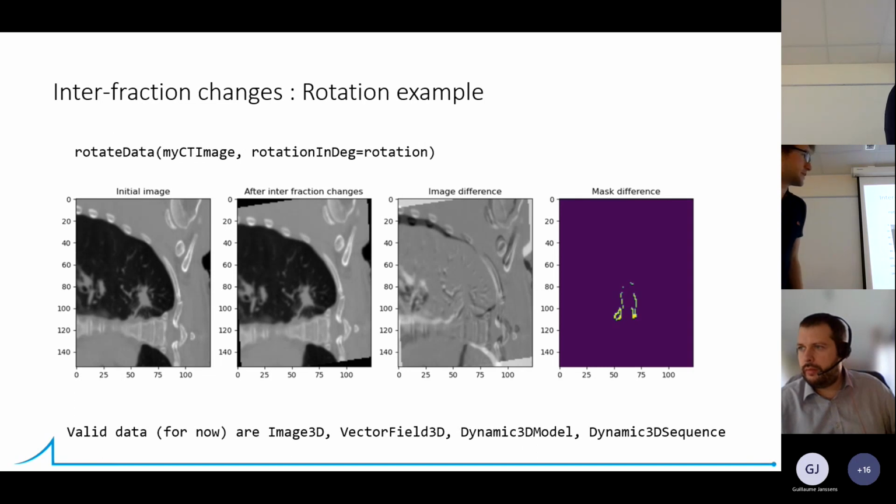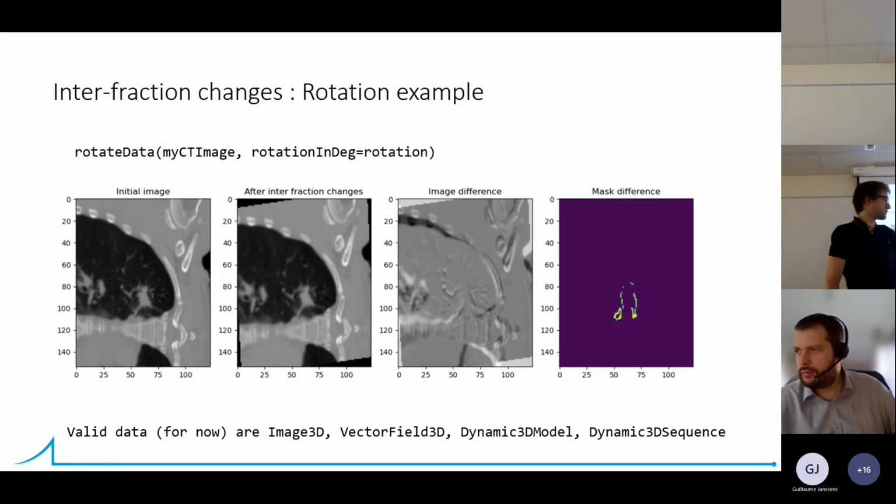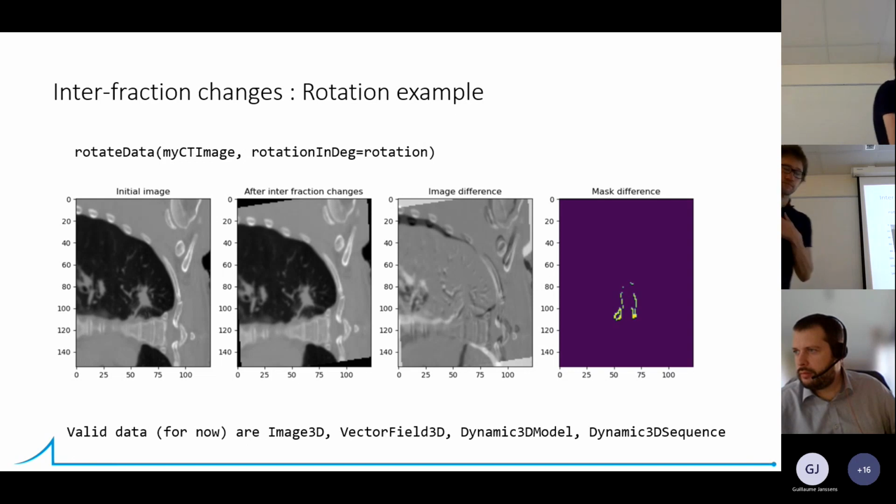And then classical rotations and translations. So here is an example of what we can do to rotate the data. This function can rotate a 3D image, a vector field, a dynamic 3D model, or a dynamic 3D sequence, which are data types representing the model. And the dynamic 3D sequence is just like a 4D CT, so it's a sequence of 3D data.